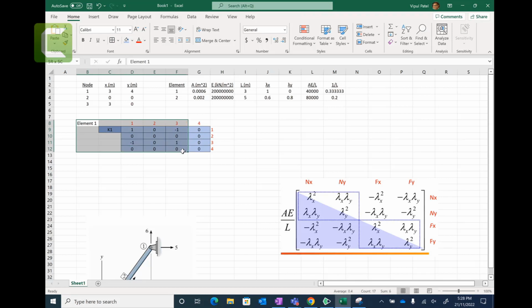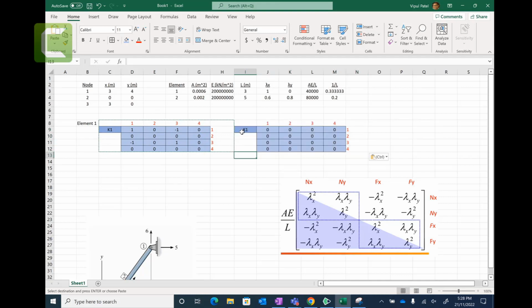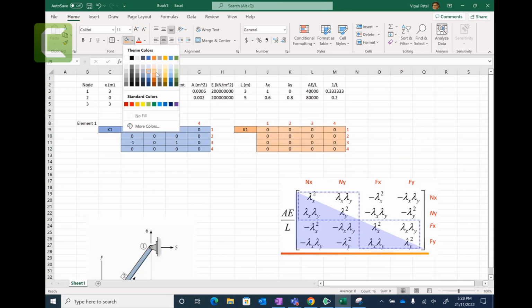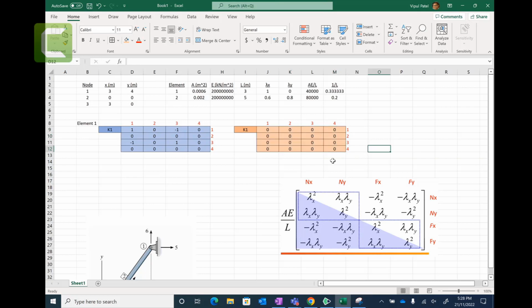You can do several things here. If I just copy this one, Control V, and put it in different colors. Let's say these colors, and put these colors here. If you want to divide this whole thing by 1 over L, because you remember that we divide by 1 over L, let's cancel this.